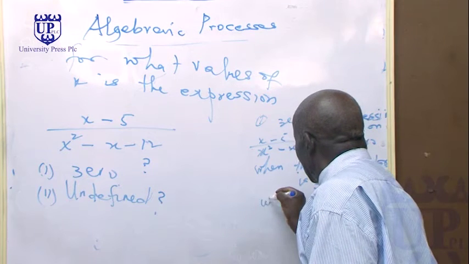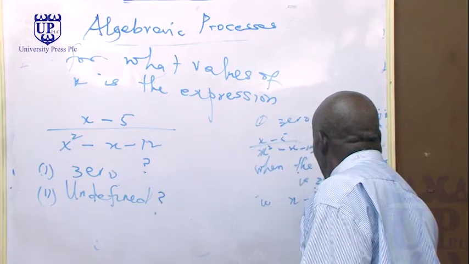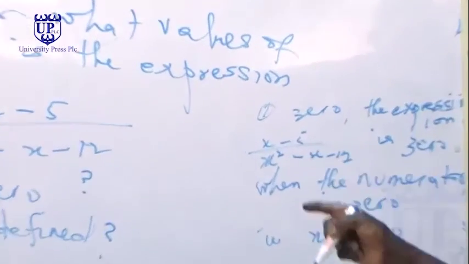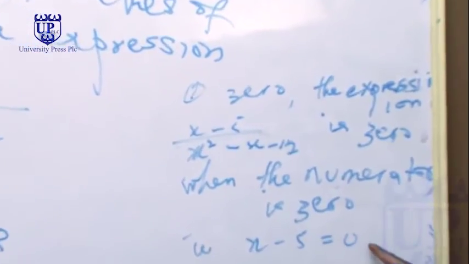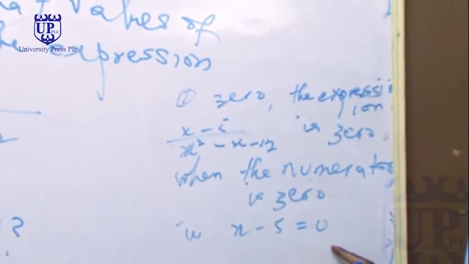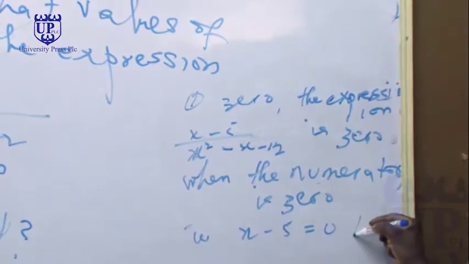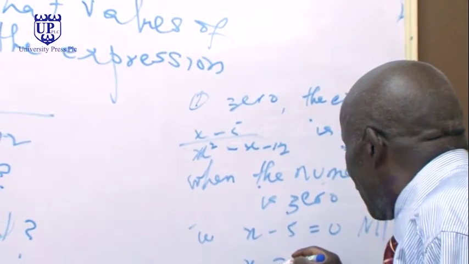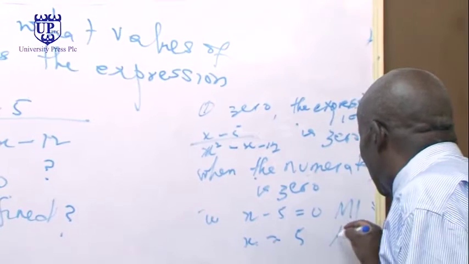That is x minus 5 equals 0. For saying x minus 5 equals 0, you are using the correct method. They give you M1. Therefore, x equals 5, A1.